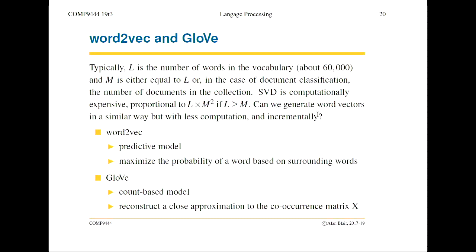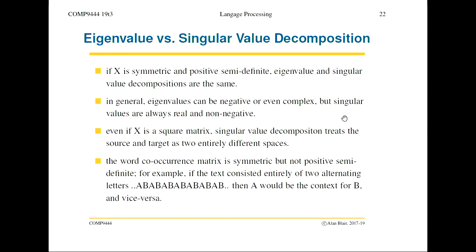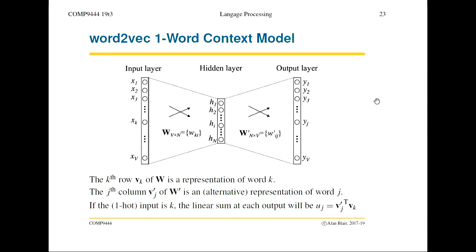Okay, so now let's look at this word2vec model. This is what it looks like, and it looks a bit like a multiplication of two matrices, but it also looks a bit like a neural network. It's a bit of each.